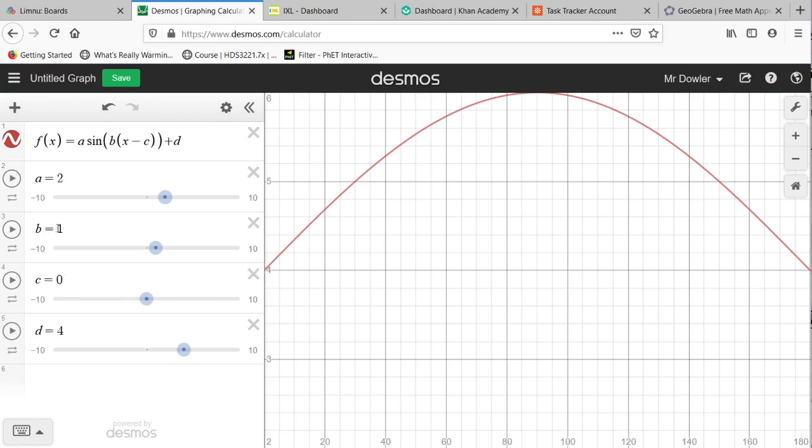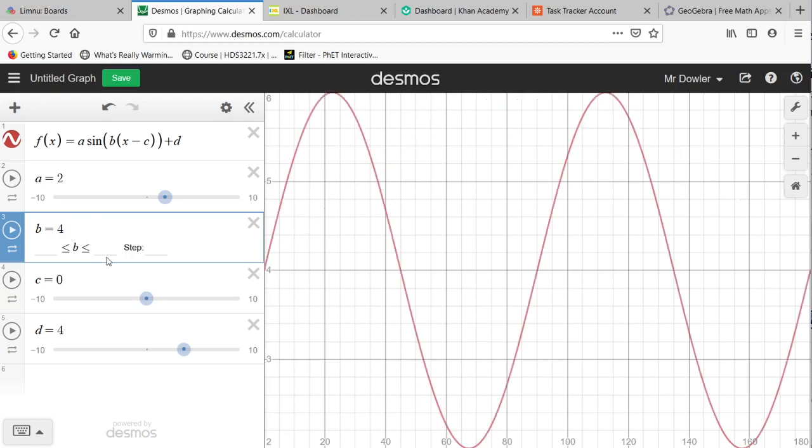The last piece we need is to change the period. The natural period of the sine function when we are working in degrees is 360 degrees. We need a period of 90, so b is 360 over 90, b is 4.